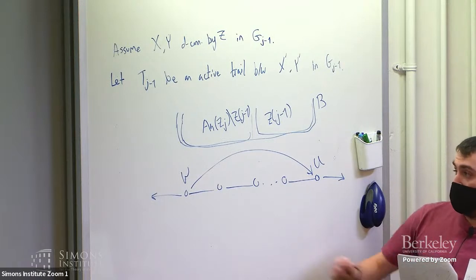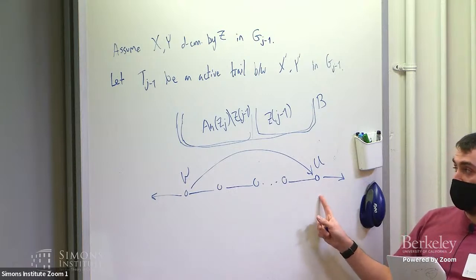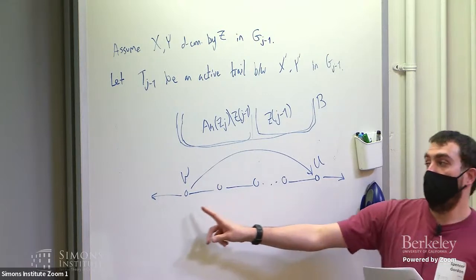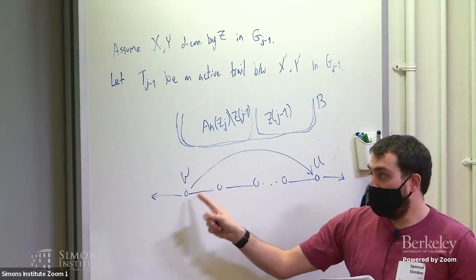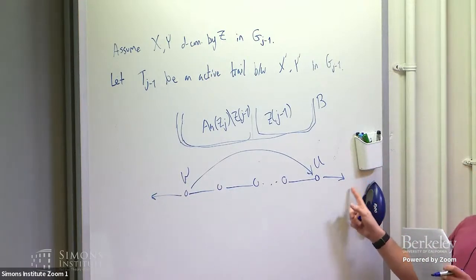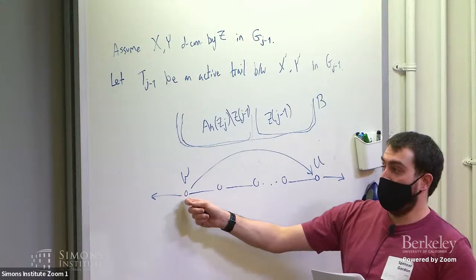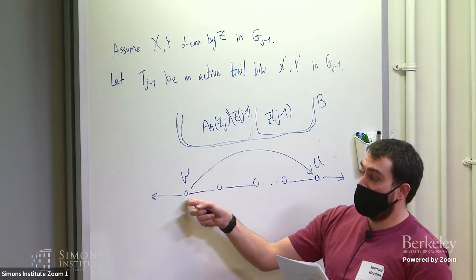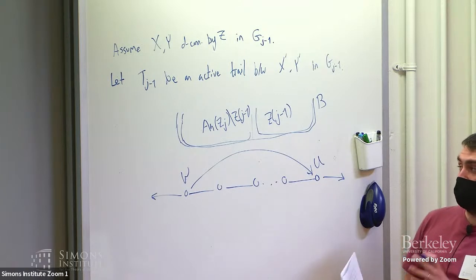And the claim is, because neither W nor U was in the conditioning set itself, and the edges from W to the prior vertex and from U to the next vertex are outgoing, neither W nor U will be a collider in the resulting trail in GJ.